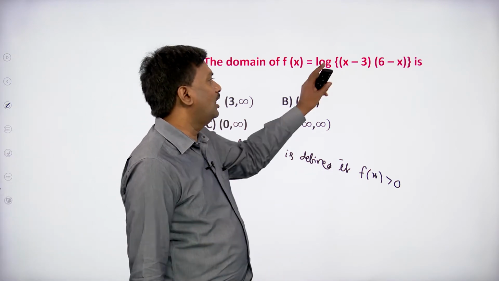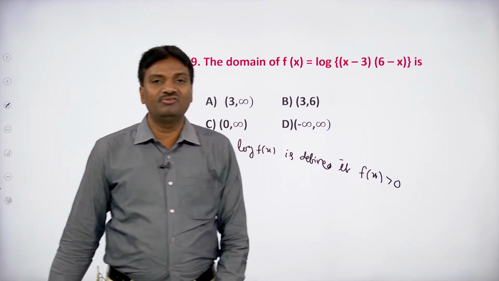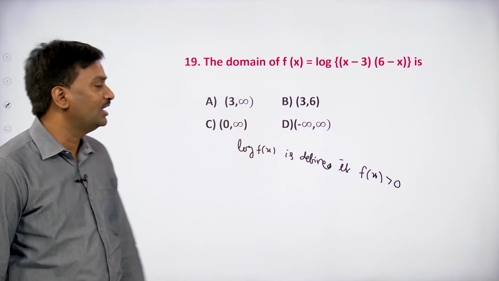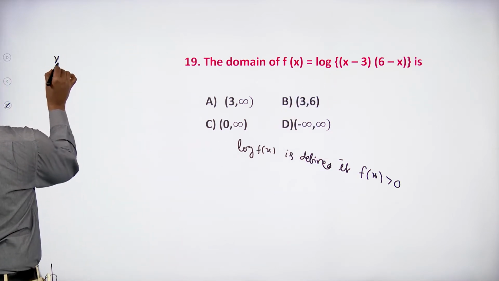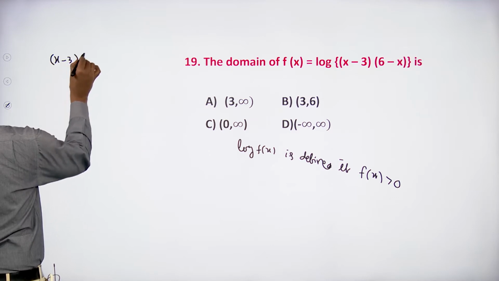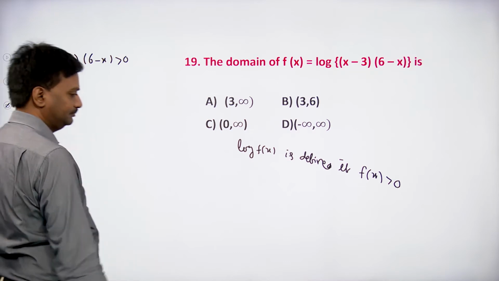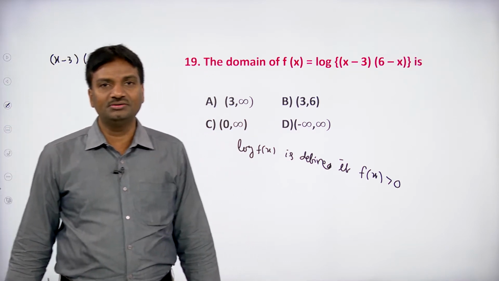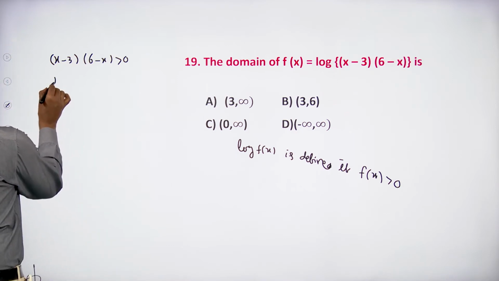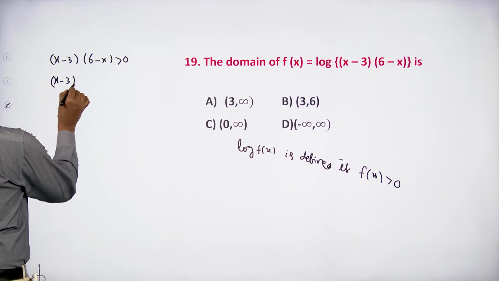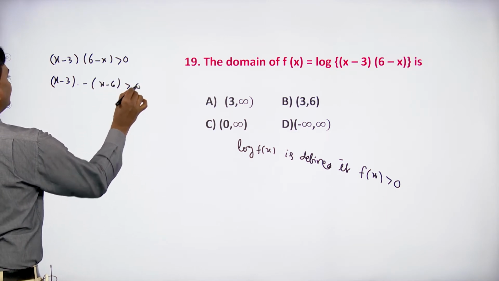Here if we compare log of (x minus 3) into (6 minus x) with log f of x, in place of f of x we have (x minus 3) into (6 minus x). So f of x greater than 0 means we can take (x minus 3) into (6 minus x) greater than 0. If we take minus as common, (x minus 3) into minus of (x minus 6) greater than 0.